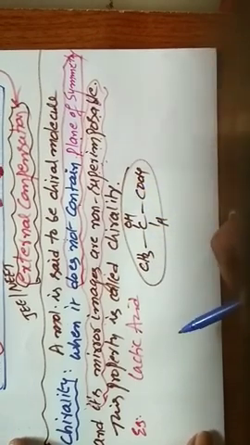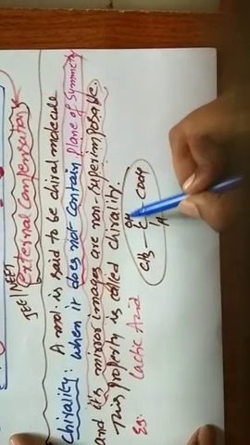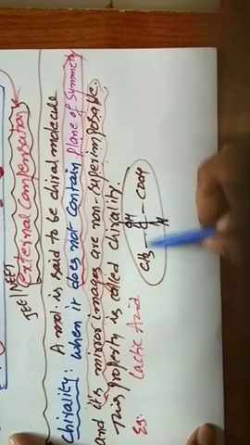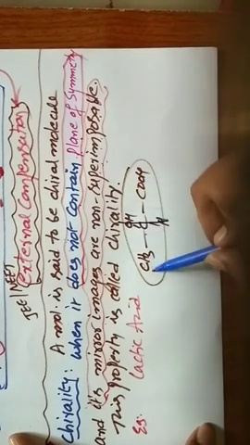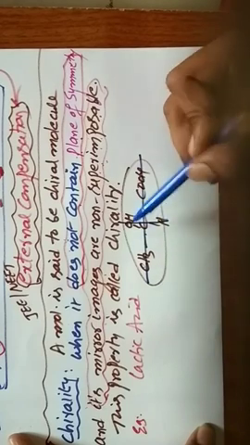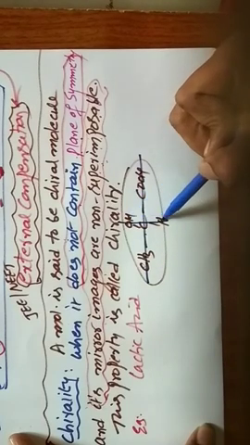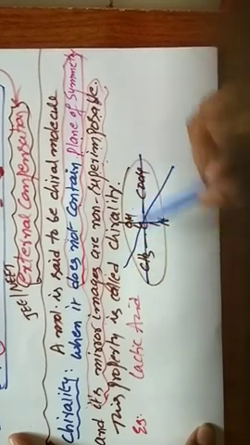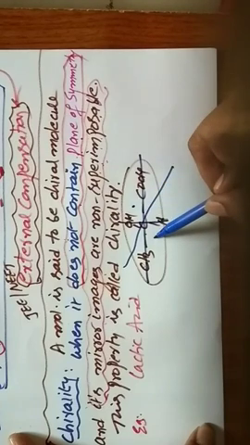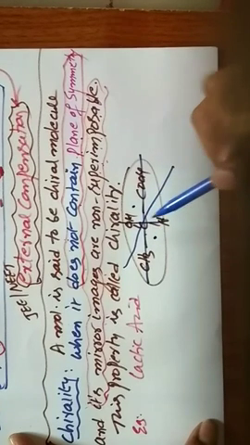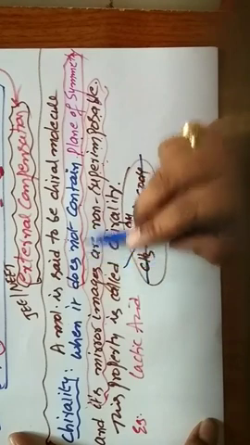Yes or no? If we draw an imaginary line here, this part is different, this part is different. Suppose we draw an imaginary line here, this part is different, this part is different. So this molecule does not contain a plane of symmetry.